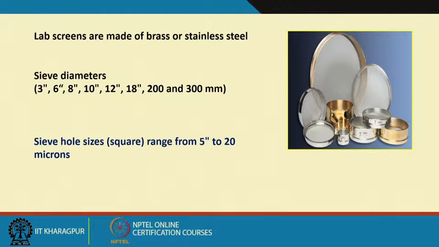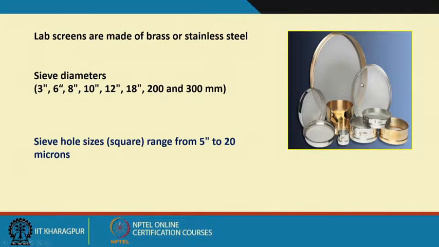Before I get into that topic, these images are showing some laboratory sieves that we use. They are generally made of either brass or stainless steel. Normally, for dry processes we use sieves made of brass.